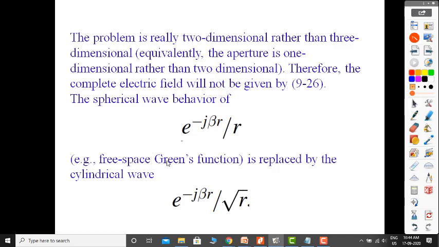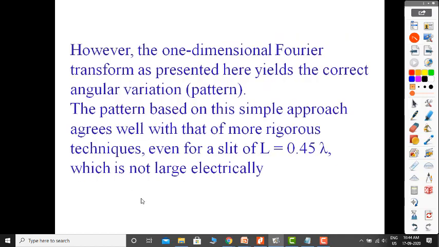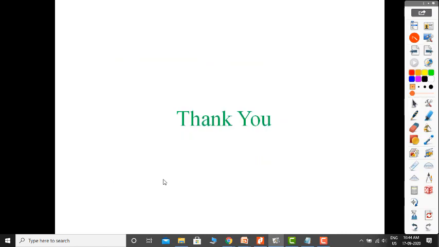It does not look like a spherical wave behavior. However, the one-dimensional Fourier transform as presented here is the correct angular variation pattern. The pattern based on this simple approach agrees well with that of more rigorous techniques even for a slit of length 0.45 lambda, which is not large electrically.